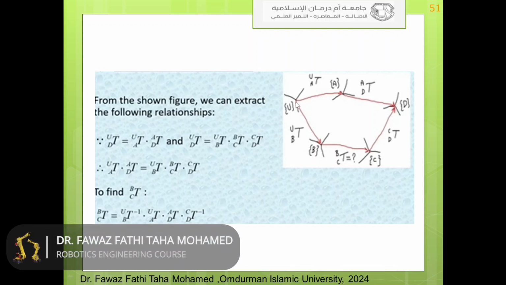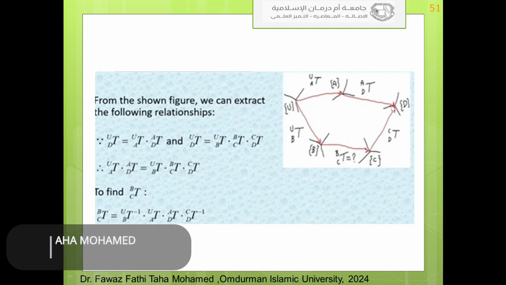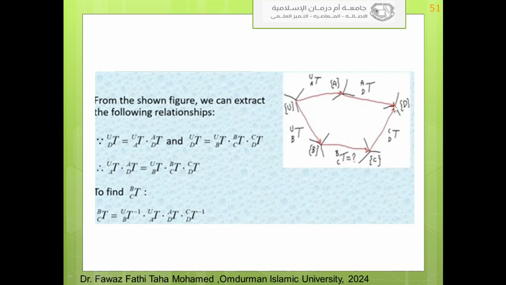Okay, it is also equal, by using linear algebra, to this multiplication for this path, and so on. So because this equals this, you can just find the TCB.